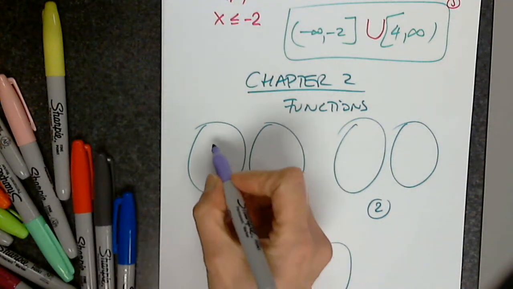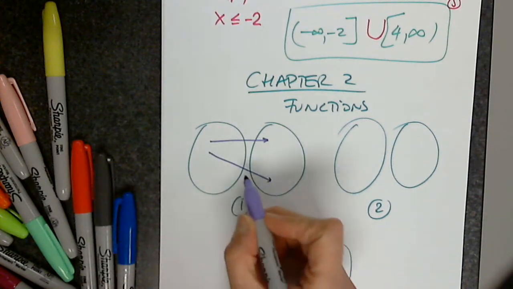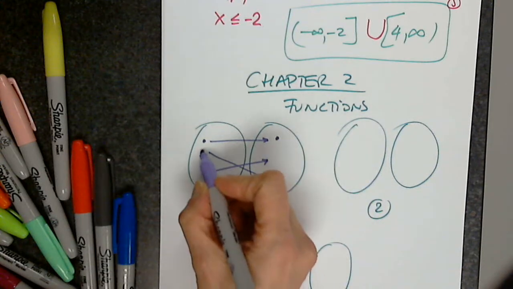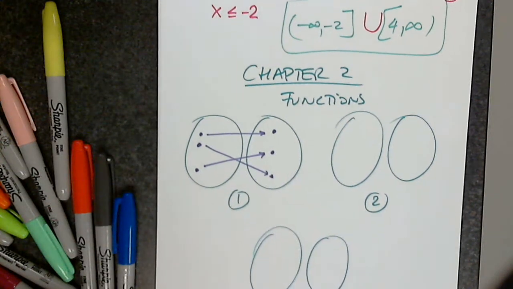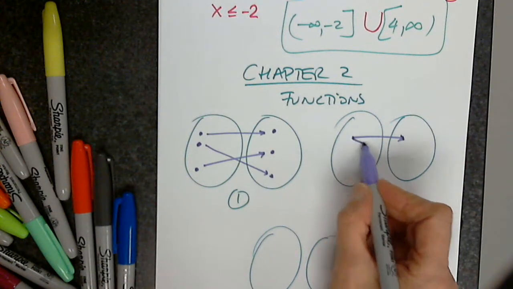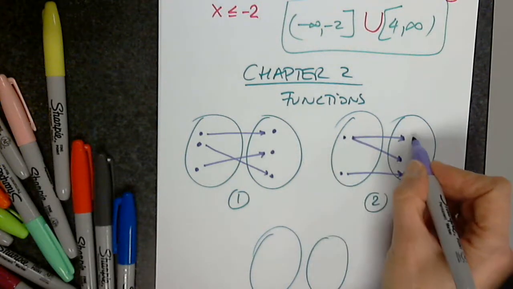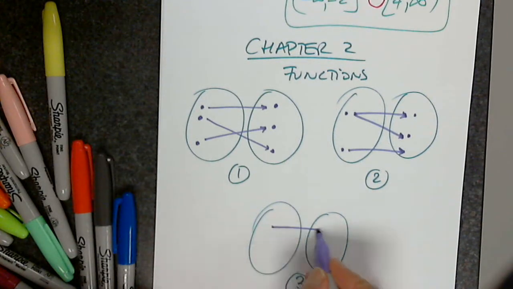So imagine I have some numbers here, and I have a correspondence. This number corresponds to this number, to this number, to this. Let's say I have this correspondence in the second example, and the third example is this.